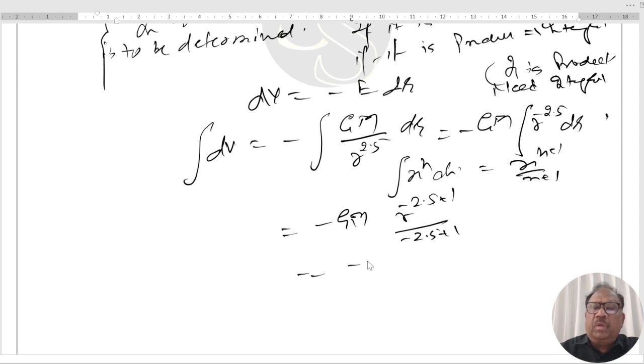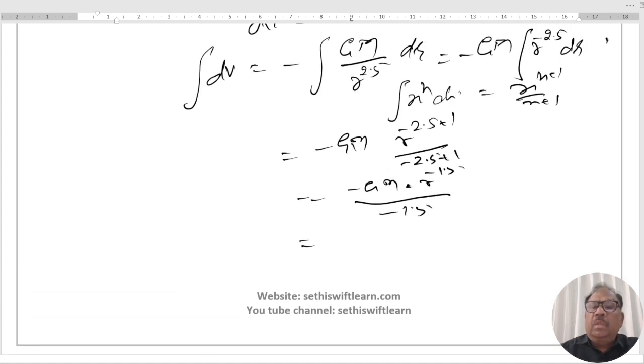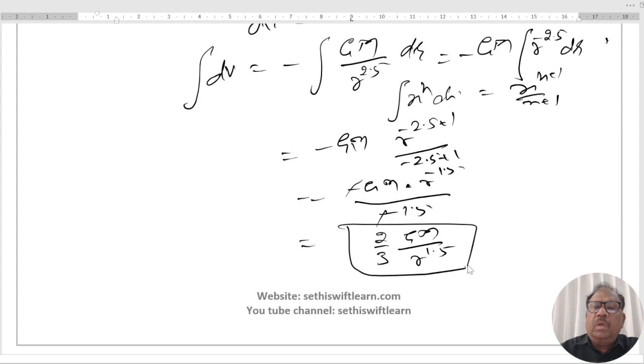On simplification, minus GM r की power minus 1.5 divided by minus 1.5. So this can be written as, this negative goes, 1 by 3 by 2, so 2 by 3 GM upon r की power 1.5. This is the answer. Let's see the option.